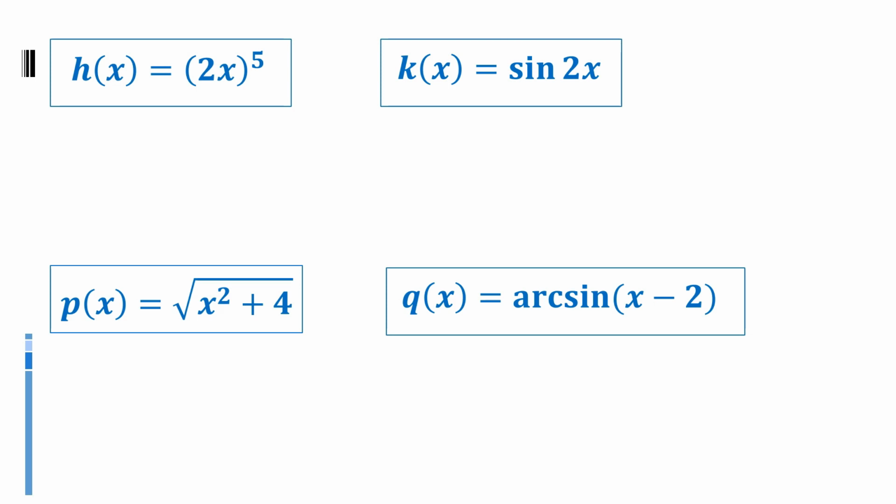Before we proceed to using the chain rule, tignan muna natin ano yung u natin at ano yung f of u natin. Kasi importante yun para mas madali nating i-differentiate yung function using the chain rule. So for example, in h of x equals 2x raised to 5, our u is 2x, and our f of u is equal to u raised to 5.